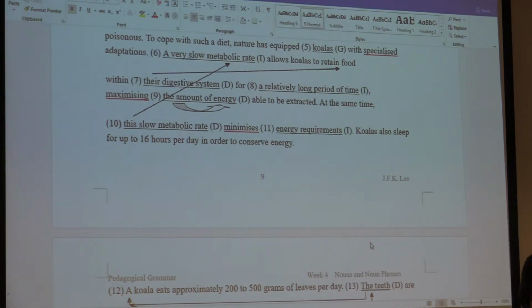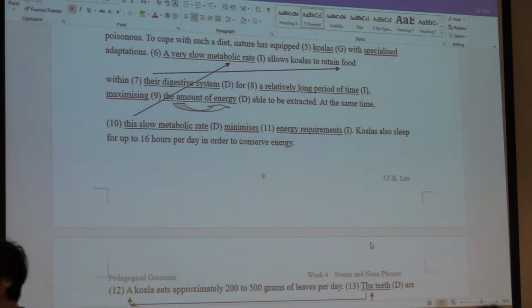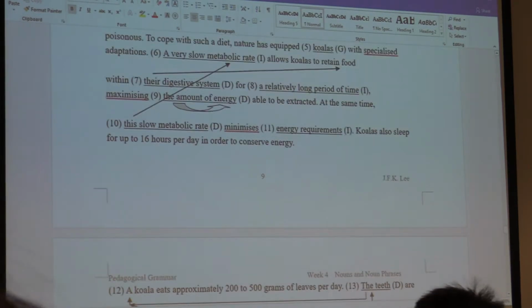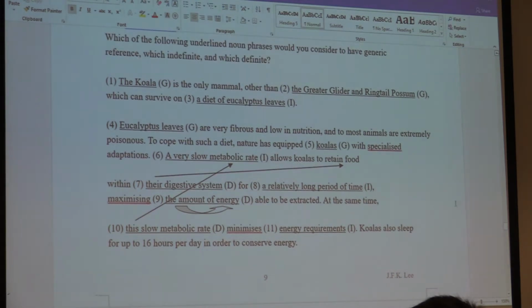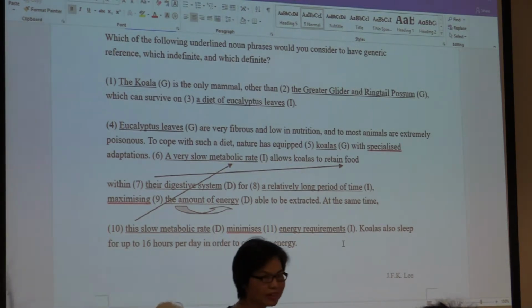Yeah? Task 5. Let me see. Yeah, this one. About the koala. Number 9 and number 11. Okay. What's your question then?